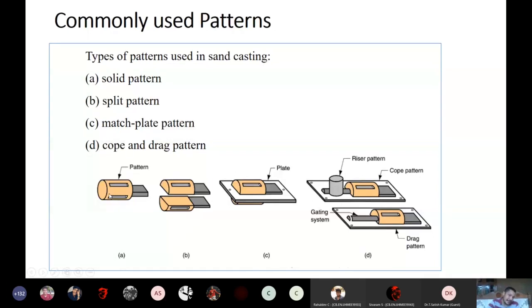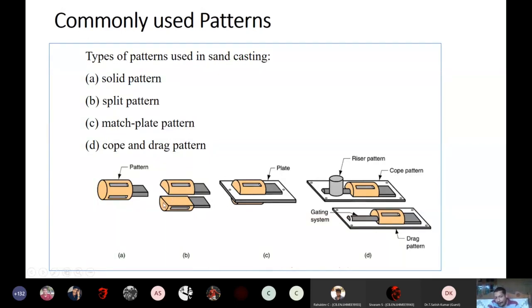That's why I am splitting this into two halves, called a split pattern, so that one piece I can accommodate in one box and another in the other box. So I can easily mold them, and you can see there will be dowel pins on one half of the pattern, and on the other half there will be holes.